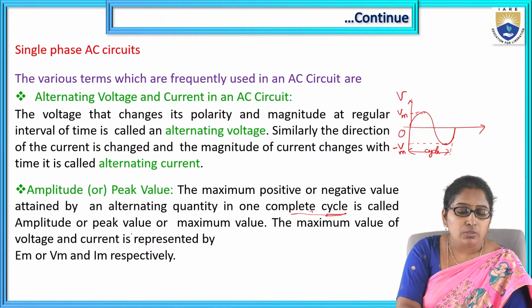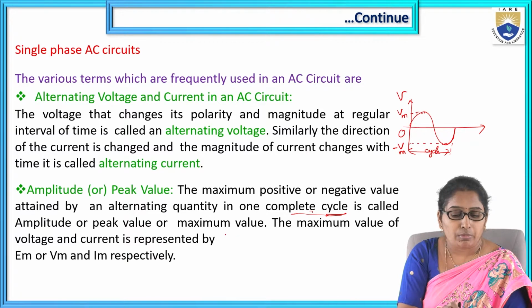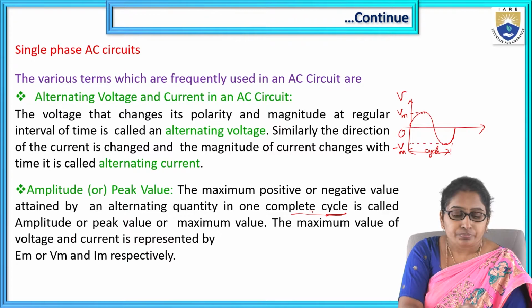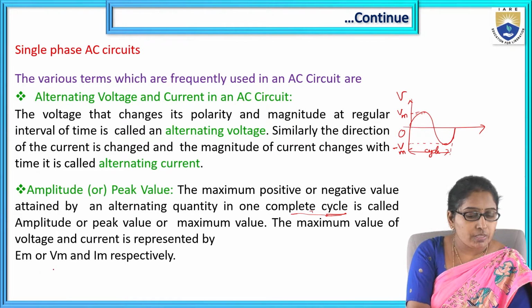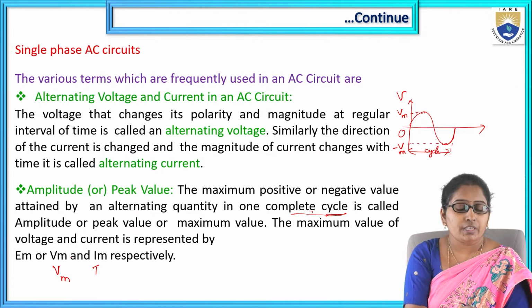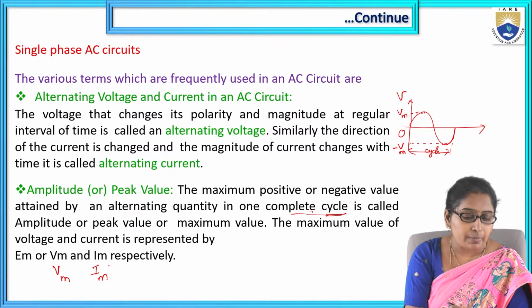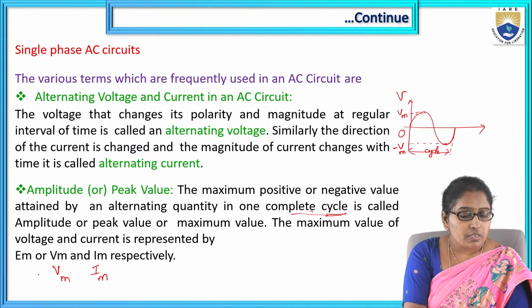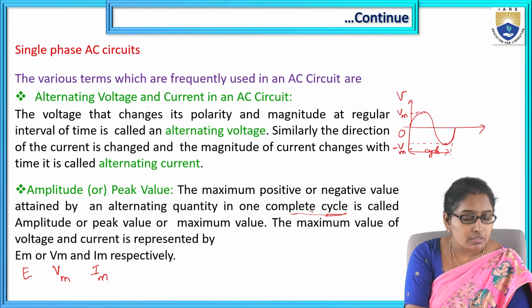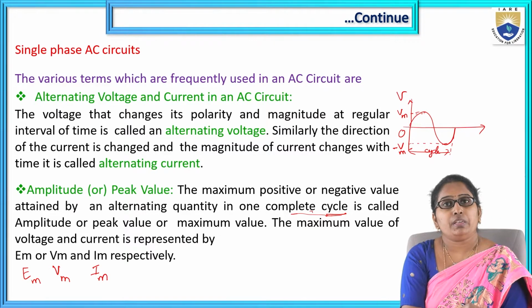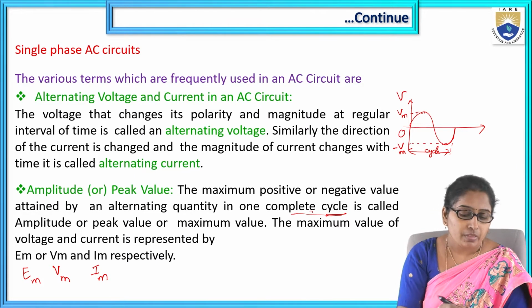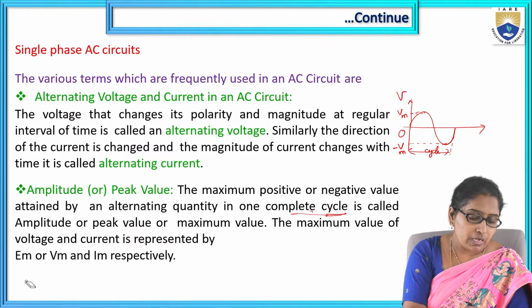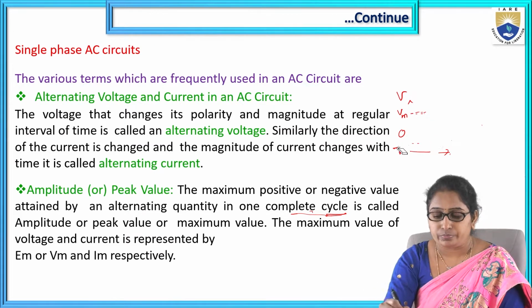The other names for it are maximum value or amplitude. It is denoted with Vm if it is a voltage signal, Im if it is a current signal. Sometimes for a voltage signal they also say capital Em. So that is the peak value or maximum value.